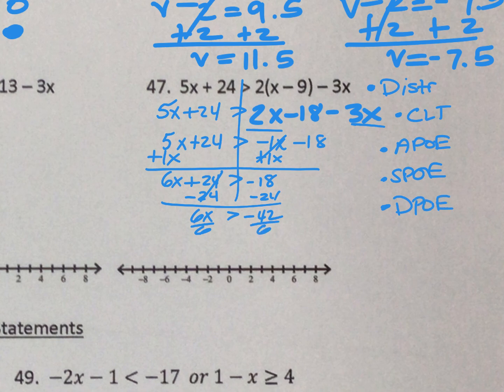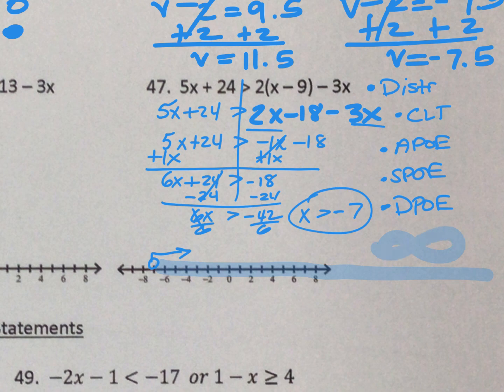And since we're dividing by a positive number, we do not have to flip the inequality sign. X is greater than negative 7. So since it's greater than, I have an open dot at negative 7, and I shade to the right. So all these values to the right are my solutions all the way to infinity.